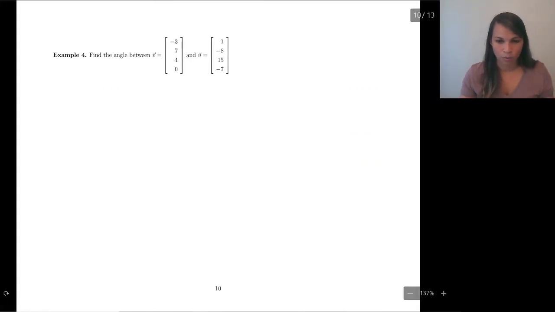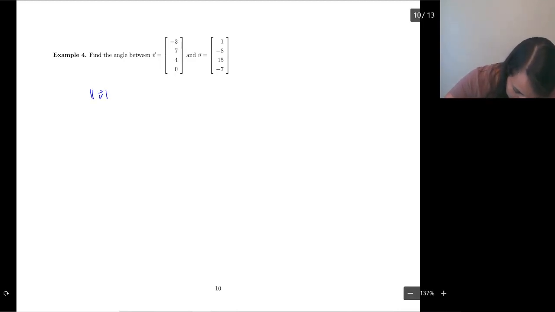Okay, so where does this leave us now? We're going to do an example where we calculate an angle just real quick for v and u. We're going to need 3 things. We're going to need the magnitude of v, the magnitude of u, and the dot product of v and u. So let's go ahead and calculate those just so that we feel good about crunching these numbers. Nope. 4 squared is not going to be 4, it's going to be 16.